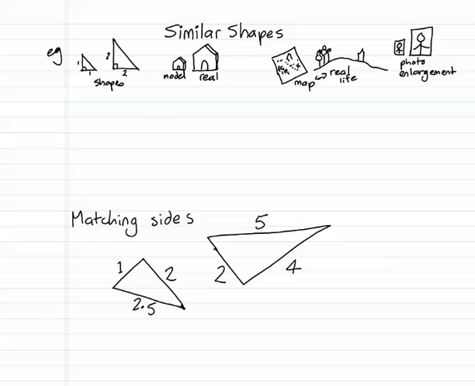One of the most obvious ones is when we enlarge a photo. Everything in the photo stays the same shape, but it's a different size. Similar shapes are either an enlargement, like here with the photo, or a reduction, such as when we take real life and make a picture that's a map.